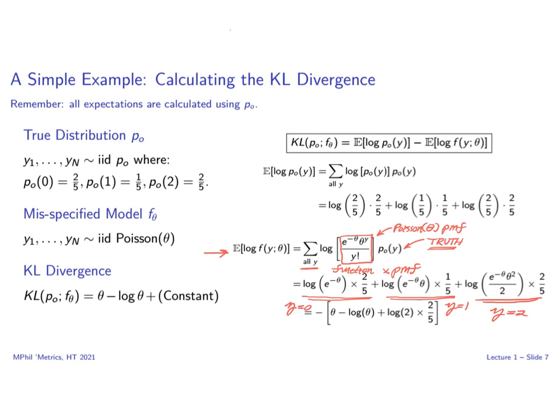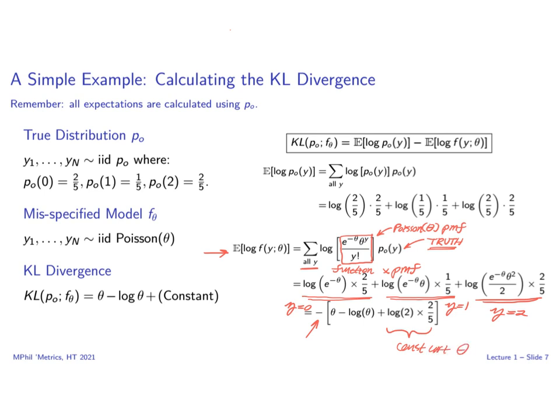So simplifying this, combining terms, what do we obtain? Well, I can factor out a minus here, and I obtain a theta minus log of theta plus log of 2 multiplied by 2/5. All right, now notice that this does involve log of 2 times 2/5, but that is just a constant with respect to theta.